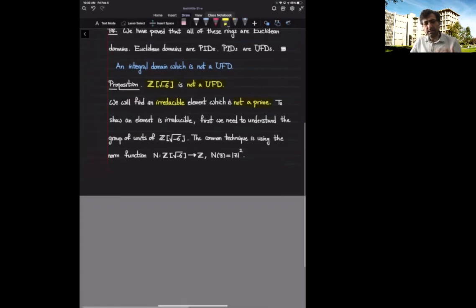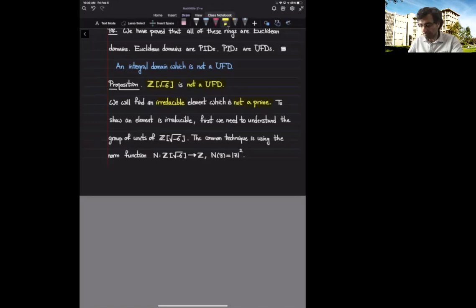Okay, so now in order to understand whether a given element is irreducible or not, the first thing that we need to check is whether this element is a unit. So this means I need to start with understanding units of this ring. Units of this type of rings can be understood using a multiplicative norm function. And here we've seen an example similar to this. The complex norm is something that can help us.